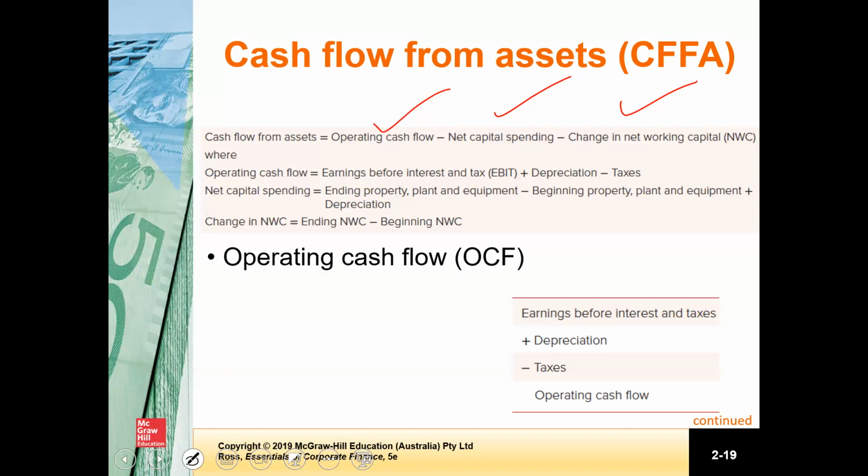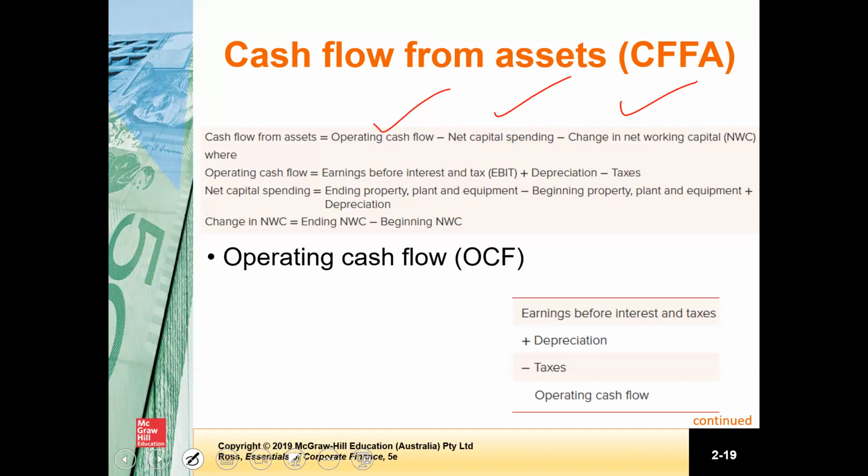To calculate operating cash flow, we want to calculate revenues minus costs. But we do not want to include depreciation, since it is a non-cash outflow, or interest, because it is a financing expense. And we do want to include taxes, because taxes are unfortunately paid in cash.